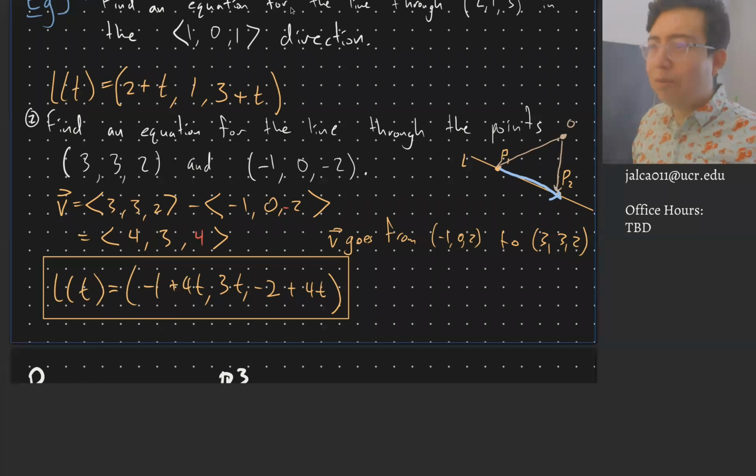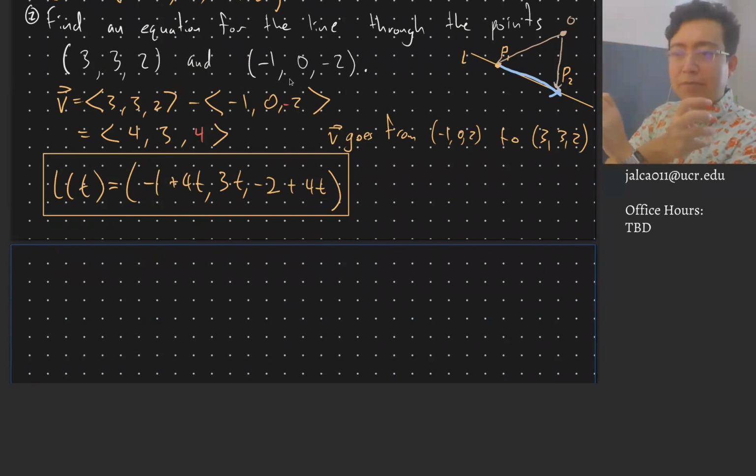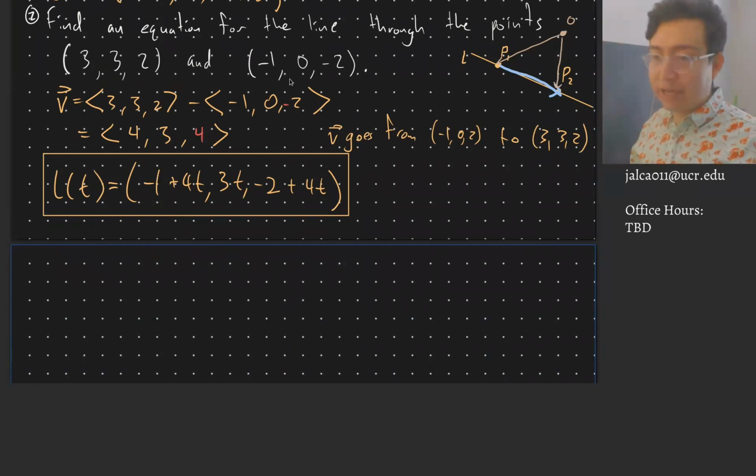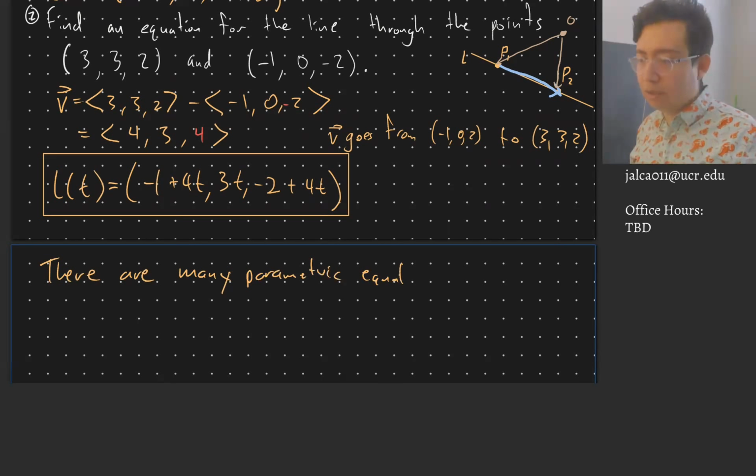But I will point something out here. Technically a lot of these choices we made, for example, it doesn't matter which way we subtracted them. We actually could have subtracted them the other way. Doesn't mean we get the same answer. It's just that there are many parametric equations for the same line.